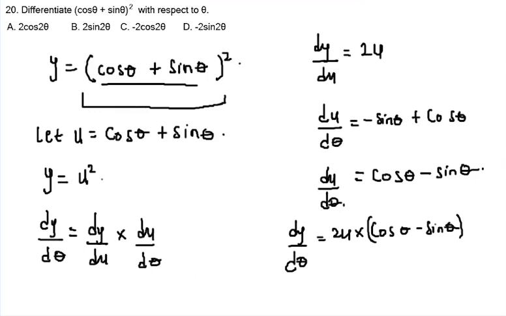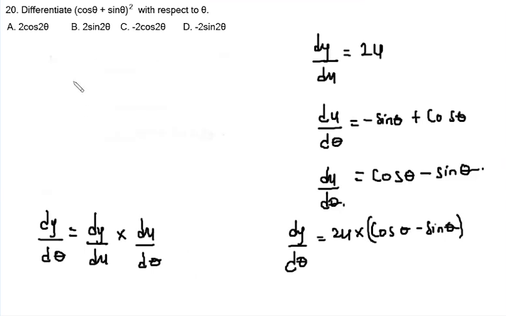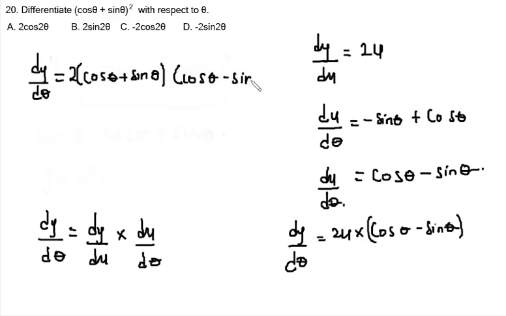Let me clean up space. So if you remember, the u value is cos theta plus sin theta, times cos theta minus sin theta. Now if you look at these two brackets, there is a difference of two squares between them.